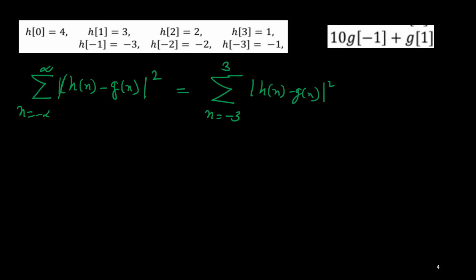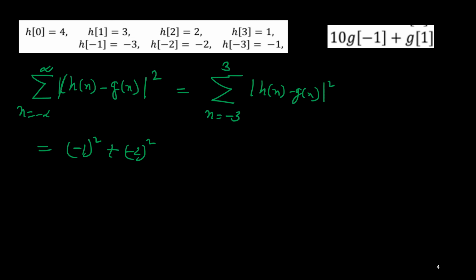Okay, that we can now expand it. So when n equals -3, it is only h of -3, and h of -3 is -1. That -1, that square. Right? Fine. And then next one is n equals -2. H of -2 is -2. So it is -2, that square. Right?